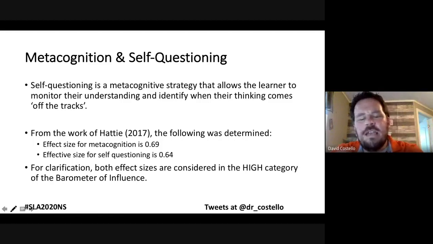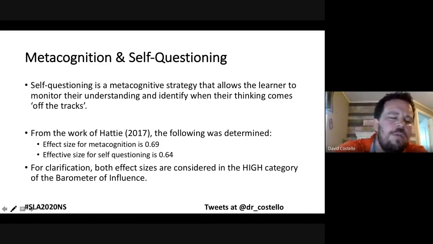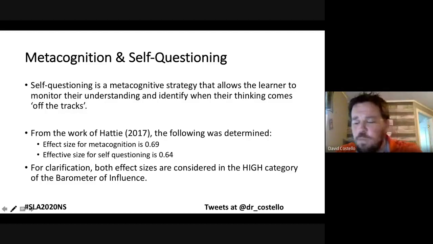And in terms of what we're going through now with online learning, or it may be a blended model, or if we're back face to face in the fall, I think there's a high degree of self-regulation needed by students as learners. And this is where self-questioning can help them be self-directing of their own thinking and their own learning.